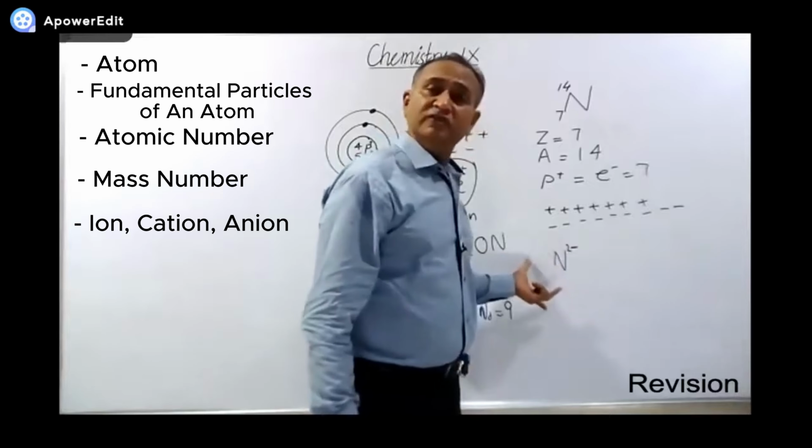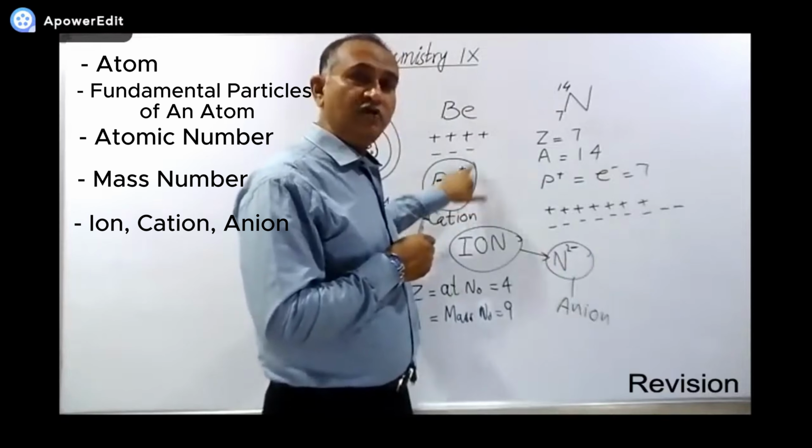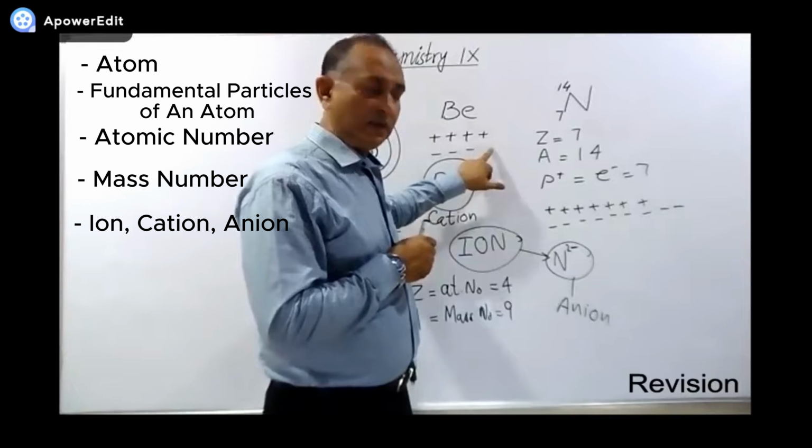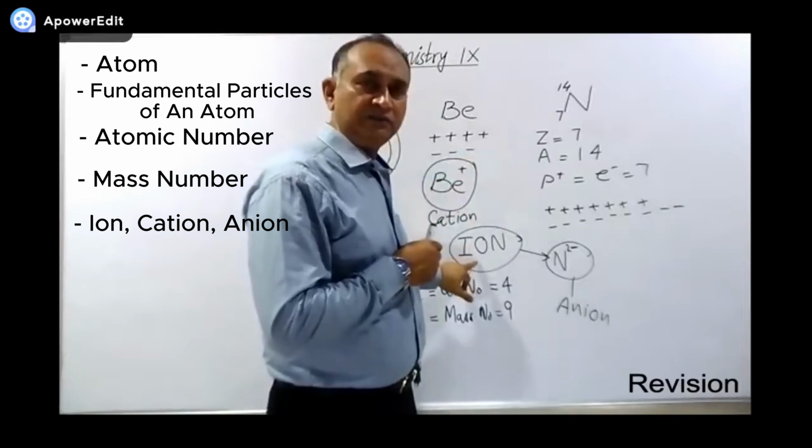So what have we just revised? Point number 1, a neutral atom has an equal number of protons and electrons. Point number 2, an atom can gain or lose electrons. If it loses electrons, it will acquire a plus charge due to unbalance and become an ion.